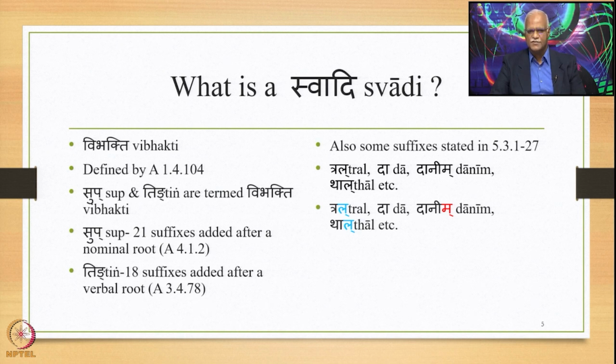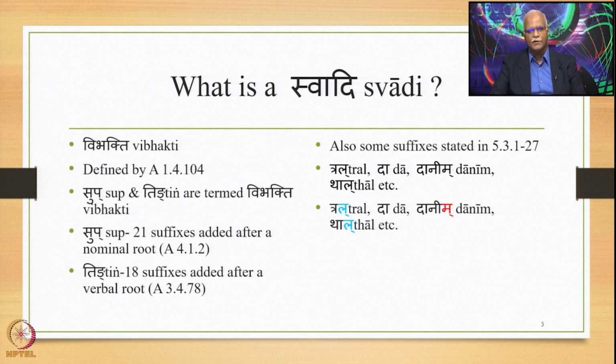These 21 suffixes are stated in 4.1.2 in the Ashtadhyayi. Ting are the 18 suffixes which are added after a verbal root, stated in 3.4.78 in the Ashtadhyayi, and they both are called vibhakti. In addition, there are some more suffixes which are stated in 5.3.1 to 27.